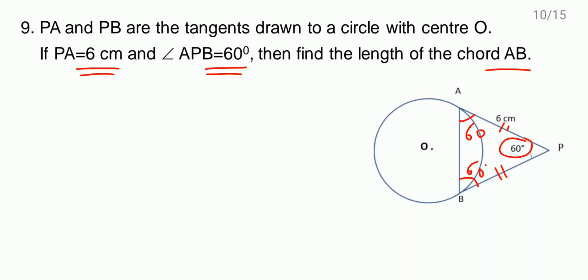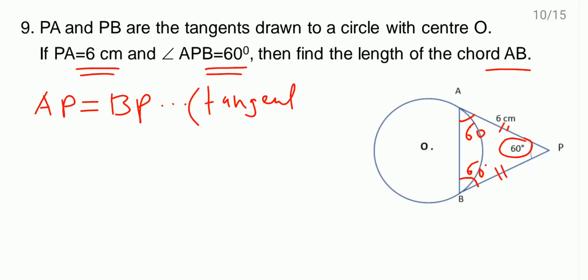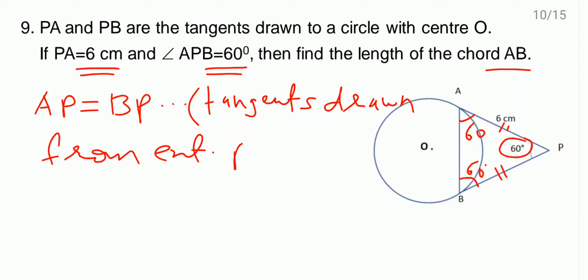Let us write it down now. Here I'll write down AP is equal to BP. Reason: tangents drawn from an exterior point to the circle are equal in lengths. Okay, you can complete this or you can keep it as it is.